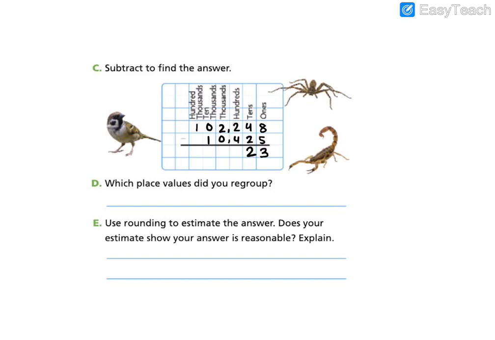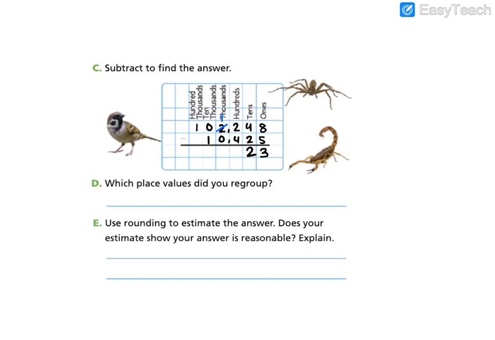Now we have 2 hundreds minus 4 hundreds. We can't take 4 hundreds away from 2 hundreds. We need to regroup our hundreds place. In order to do that, we need to go over to our thousands place. Now, as we regroup, I'm going to take one of these thousands. So I have 1,000 remaining.